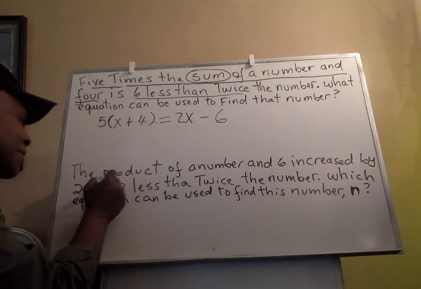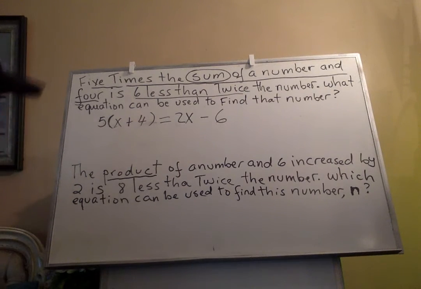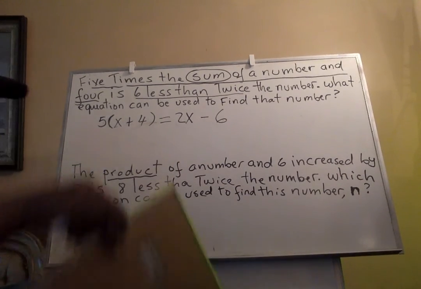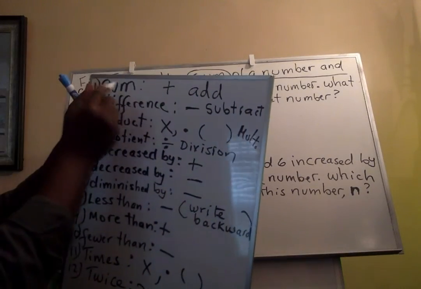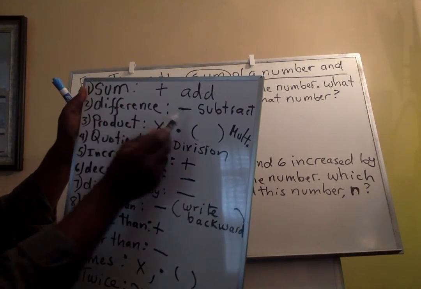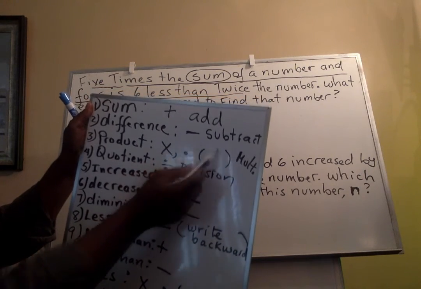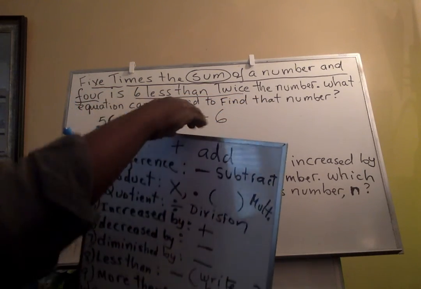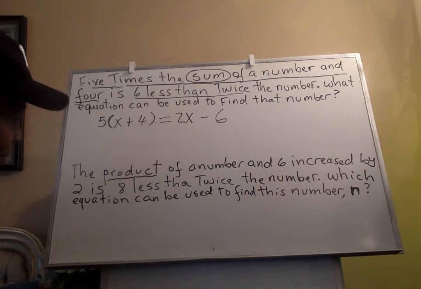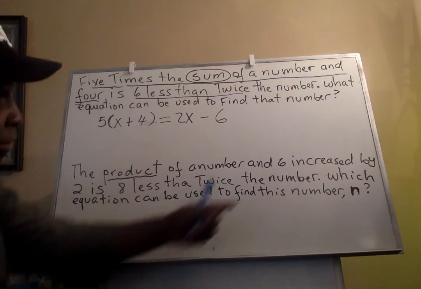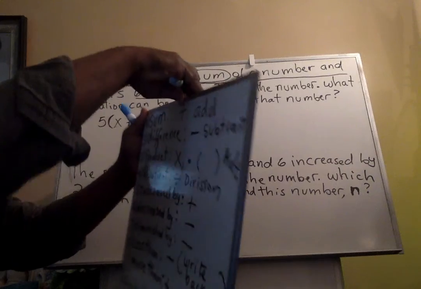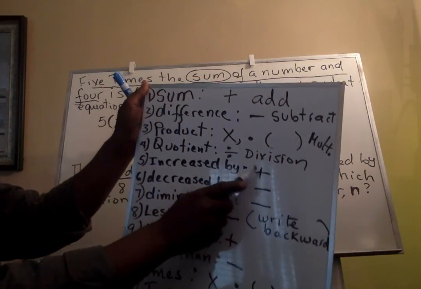What does product mean? Okay, from that table, right? Remember we said sum was addition, add, difference was subtraction, product is multiplication, either this, or parentheses. Okay? So, and we're going to see increase also, increase by. You see, increase by means plus.